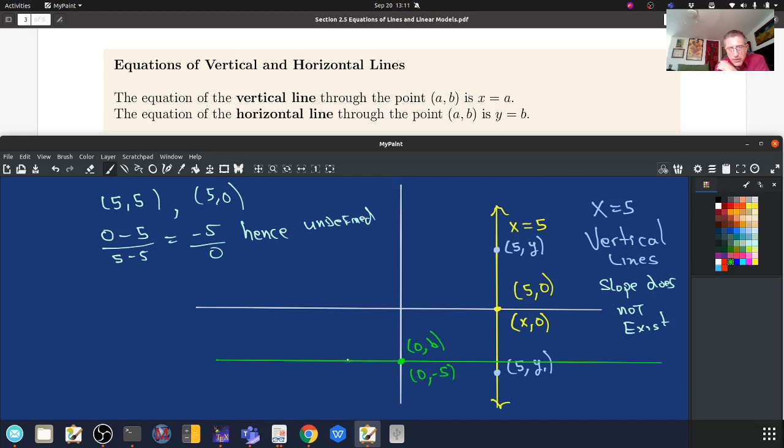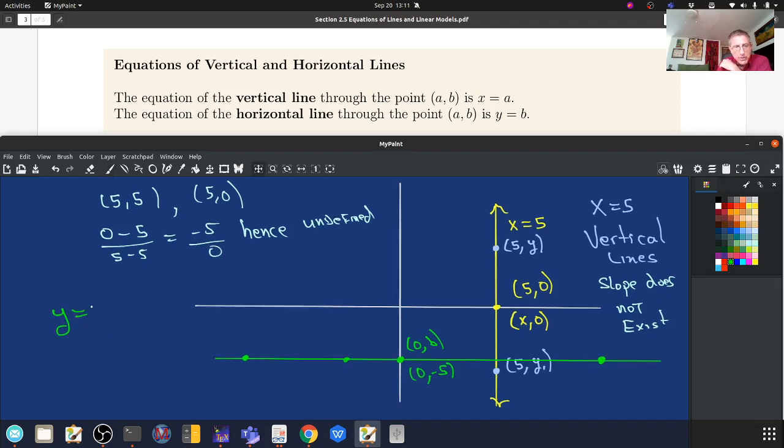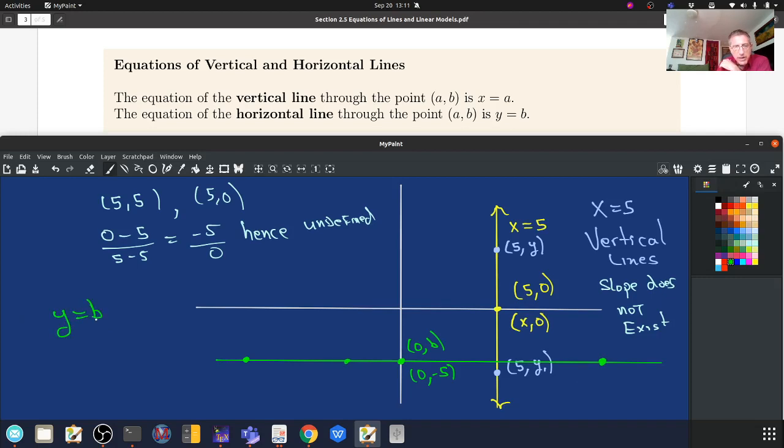And as you'll notice, no matter where I'm at on the line, the y value does not vary. So the equation of a horizontal line is y is equal to b for some constant b. In this particular case, y is equal to minus 5. And of course, this has slope equal to 0.